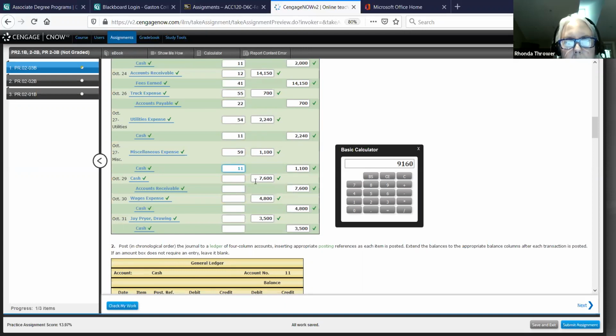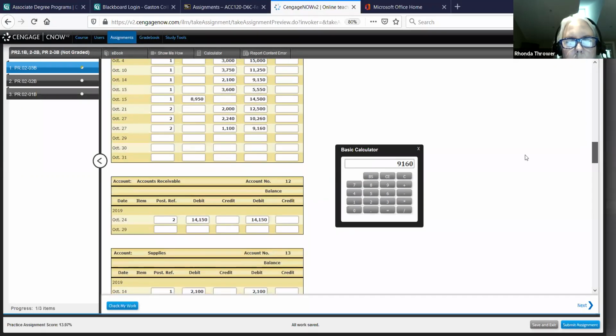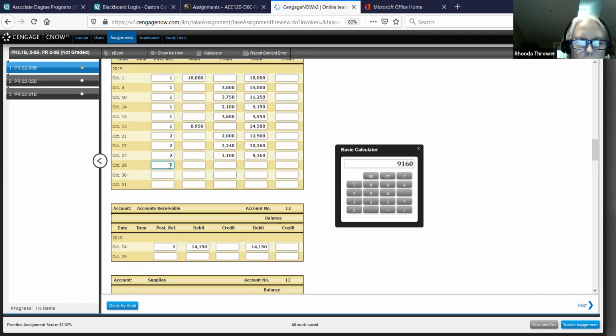Now I have a debit to cash of $7,600. And since it's a debit, I got to add it to my previous balance. My new balance is $16,760.